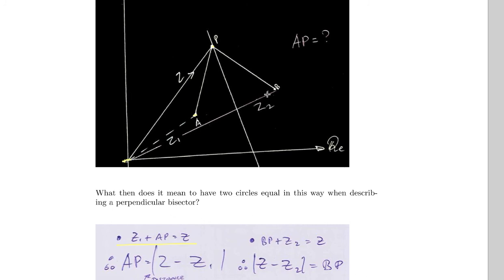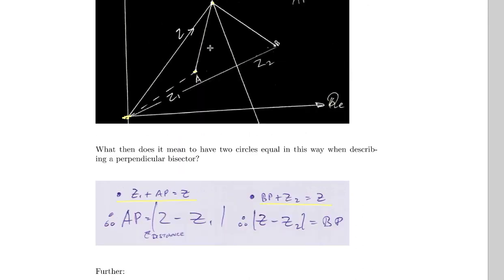If I go Z2 and then BP, I've also moved to Z. I've started at the original point, I ended up at P, I've done the equivalent beginning and end as Z. So I can say BP plus Z2 is Z.